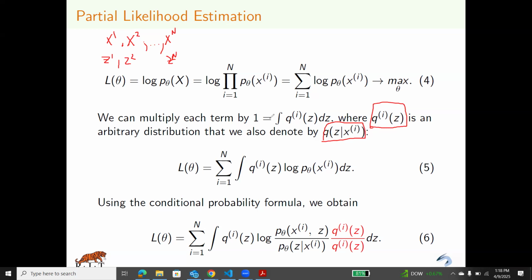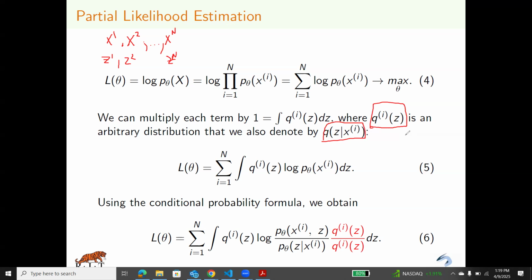Okay, and then we introduce just arbitrary distributions q. We don't know the distribution, so you can use arbitrary distribution q on latent variable z and multiply our terms by 1, by the integral of q with respect to z, because the integral of a probability density function is 1.